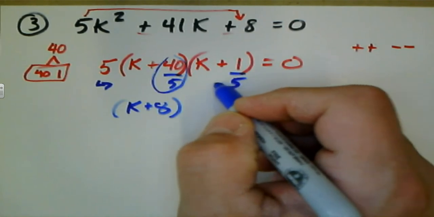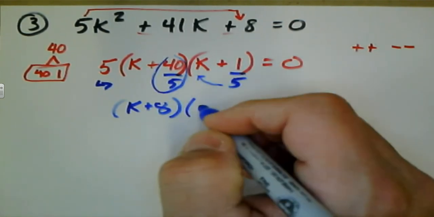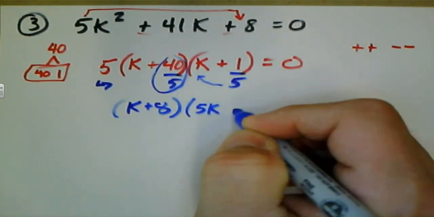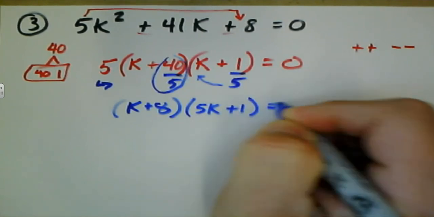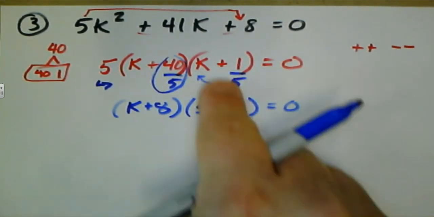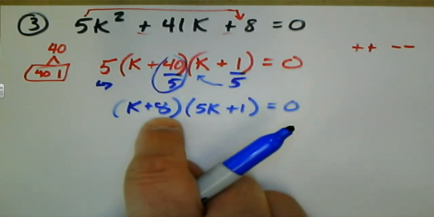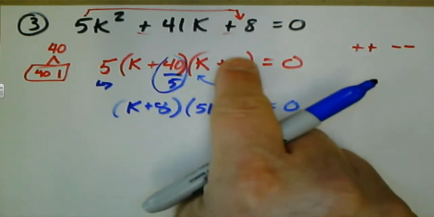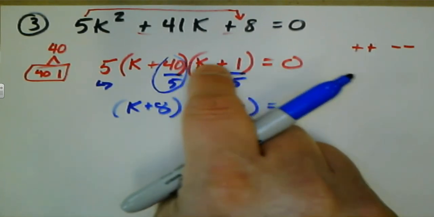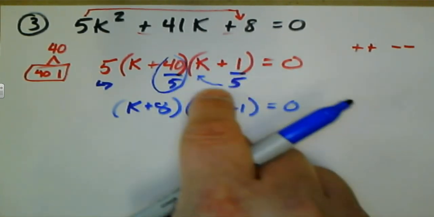So what we're going to do is take that 5 and throw that in front of the K and leave the 1. Does everybody understand what I did here? If it doesn't come out to be a perfect whole number, you need to throw the bottom number in front and leave the bottom one. So that's all I did.